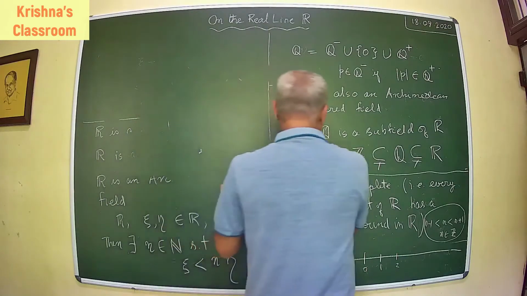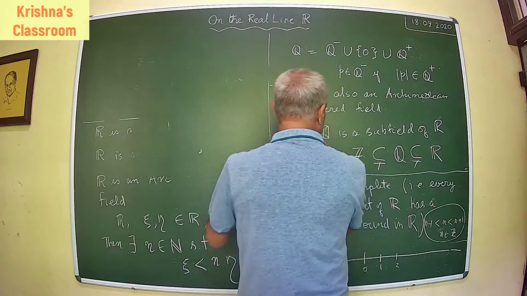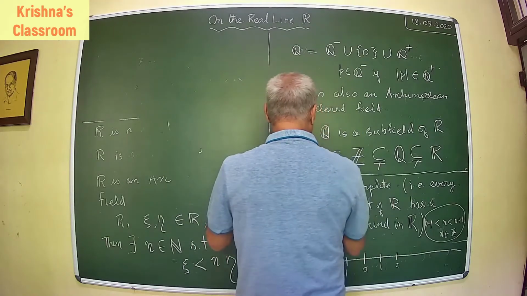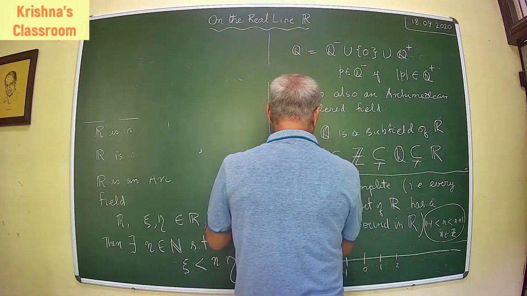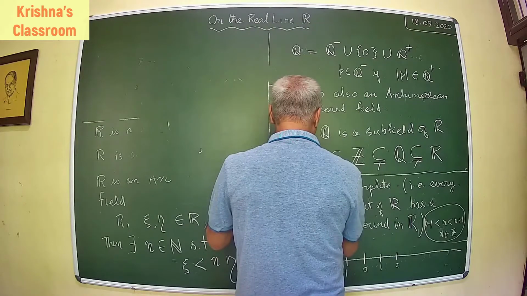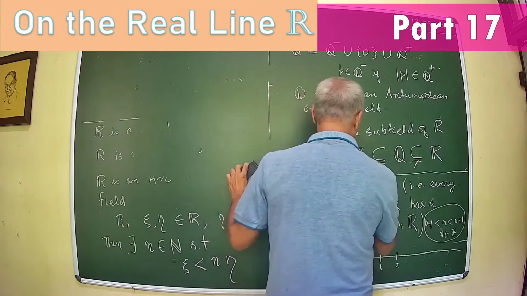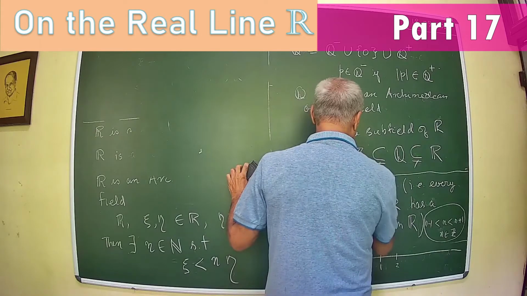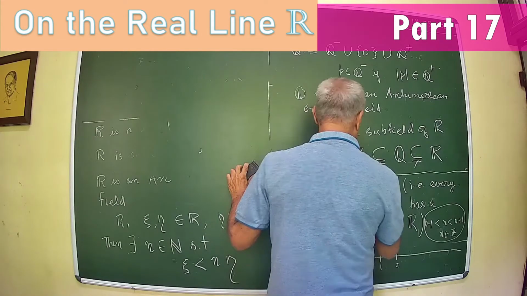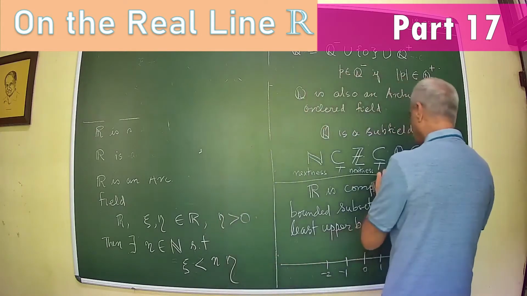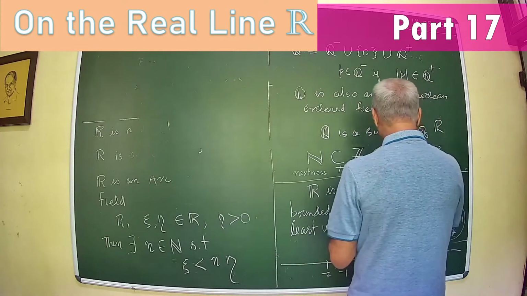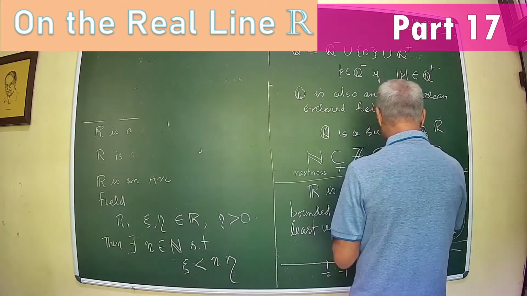So this is nextness. So N has nextness. And then when you go to Q, nextness lost.